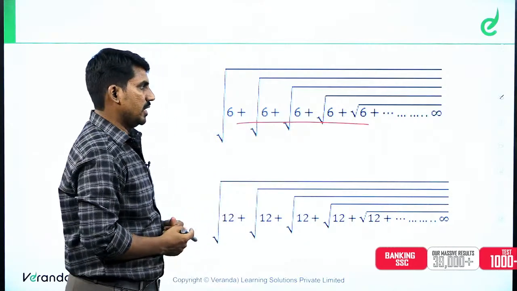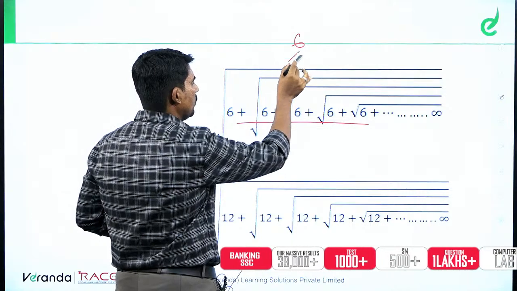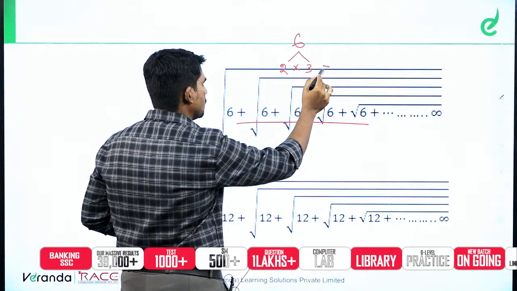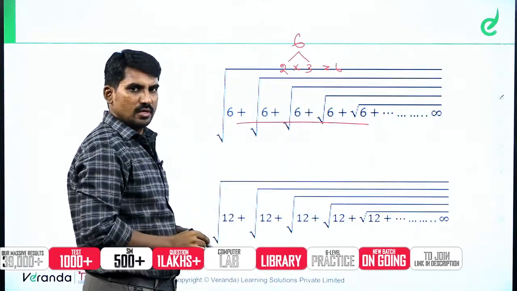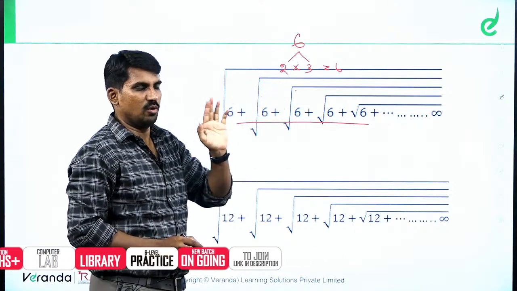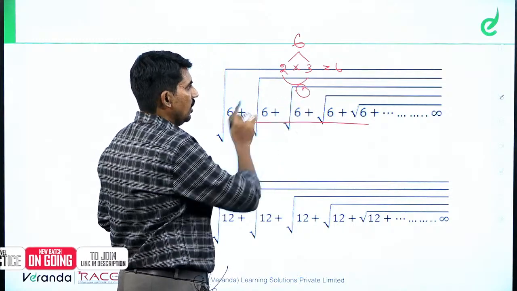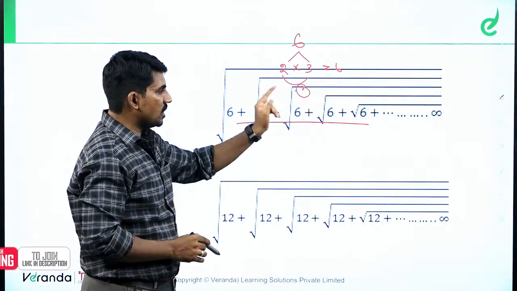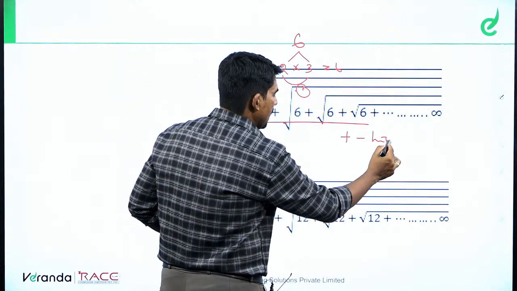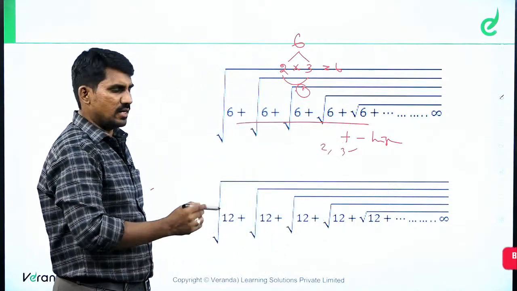Therefore we take that same number, and take the two numbers whose multiplication is 6. 2 into 3 easily gives 6. Now the product we choose, the difference should be 1. Don't forget. 2 into 3 is 6 and the difference between 2 and 3 is 1. Therefore for this question, out of 2 and 3, plus is given, so the higher number is the answer. 3 is the answer, we can click.